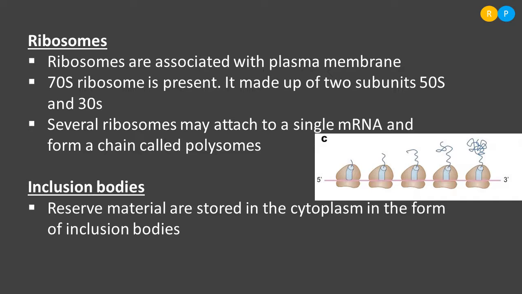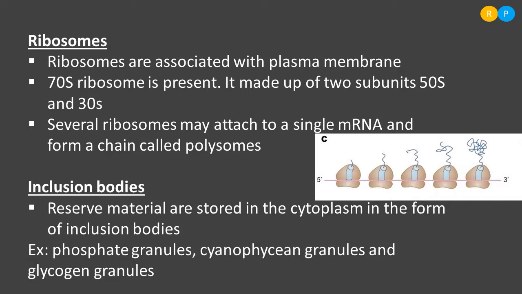Understood? So what are inclusion bodies? Inclusion bodies are the reserve materials, and they are stored in the cytoplasmic region in the form of inclusion bodies. They are not membrane bound structures. Clear? So different types of reserve food material can be seen in different members of bacteria.